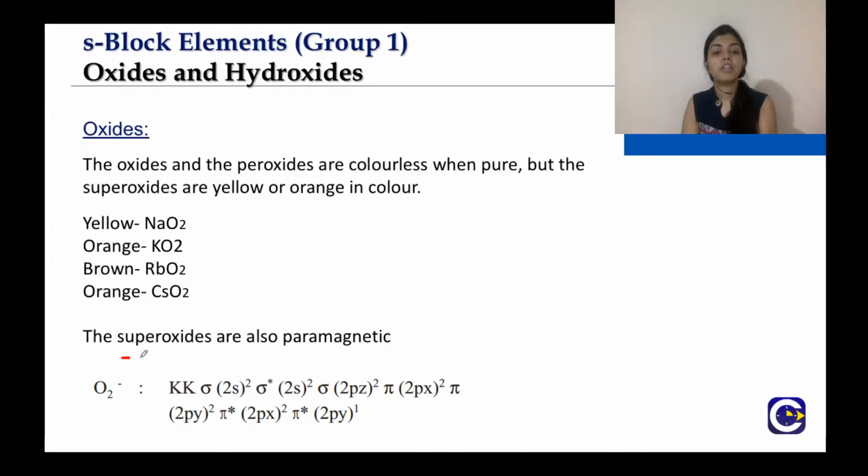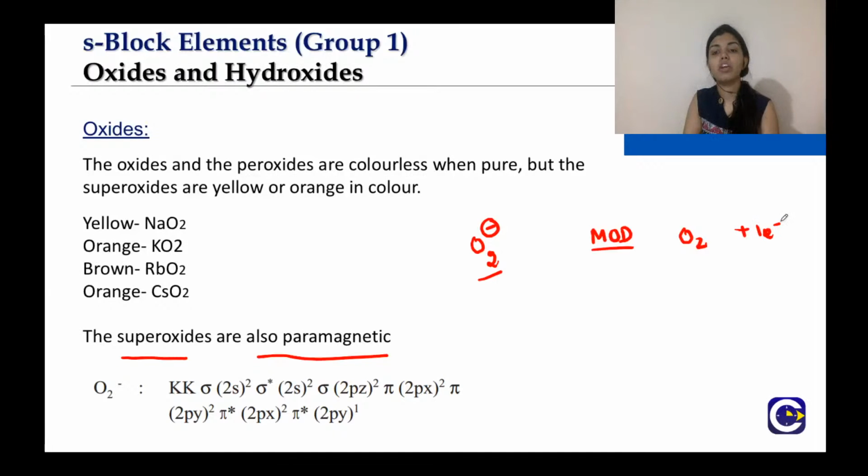Now the superoxides are paramagnetic in nature. So what is a superoxide? That is O2 minus. So what you have to do is draw the molecular orbital diagram for O2 and then add one electron to it.